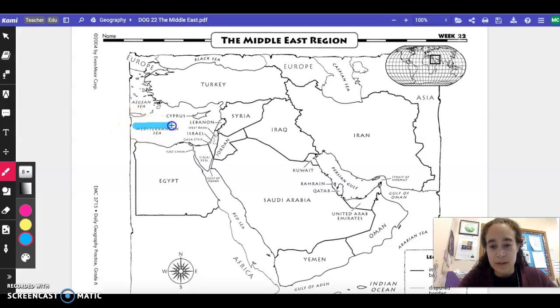First, you have the Mediterranean Sea, which is here. It comes around this island of Cyprus, comes around, borders Egypt, Turkey, and these other Middle Eastern countries over here. We have the Red Sea, comes down this way. And we also have the Persian Gulf over in this direction.